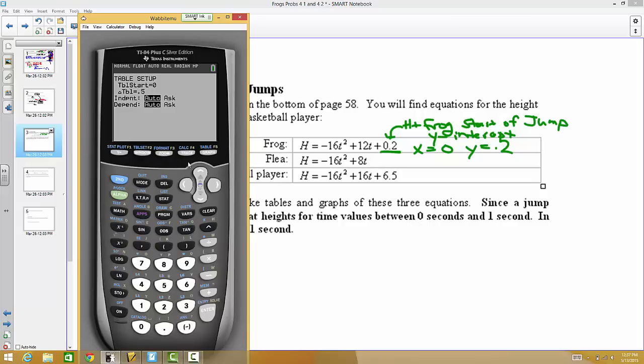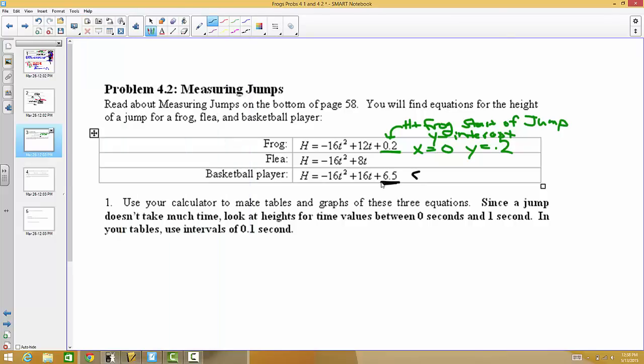So when you go back to your table, you are 100% positive that the basketball player's vertex is at 10.5. So that means since the basketball player starts at 6.5 feet tall, the jump is a 4-foot jump because he gets to 10.5.